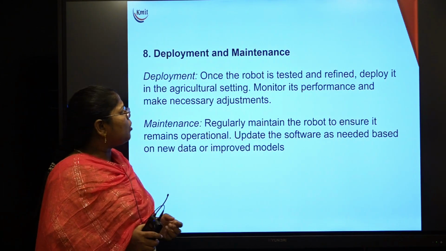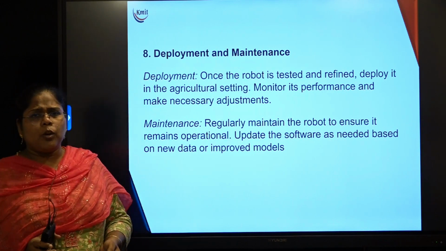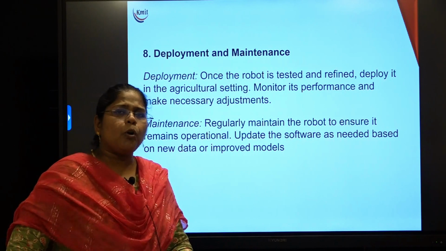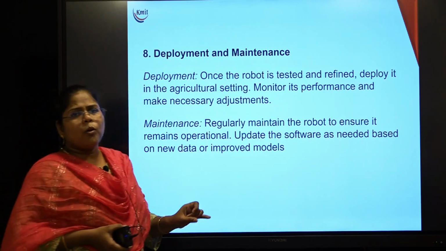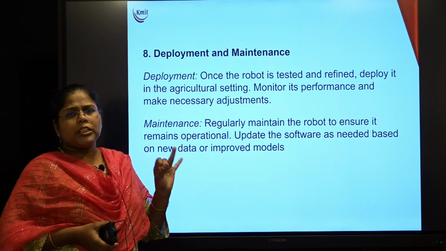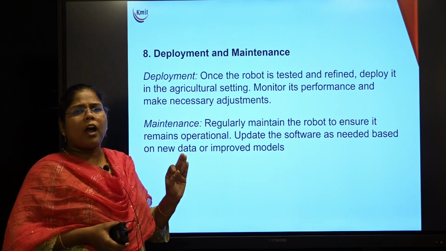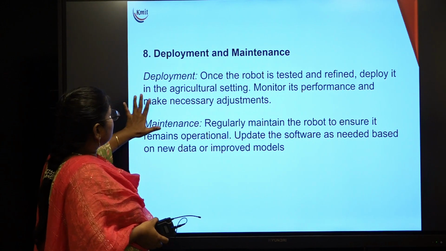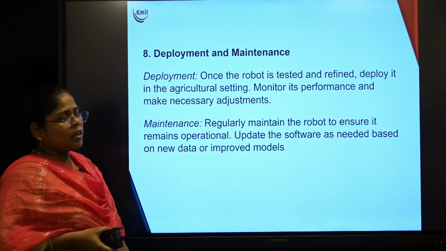So, this is all about designing the robo. Here in designing the agriculture based robo, we need three things. One is the hardware, second one is the software, and we need the deployment systems. So, this is all about the agriculture robo.